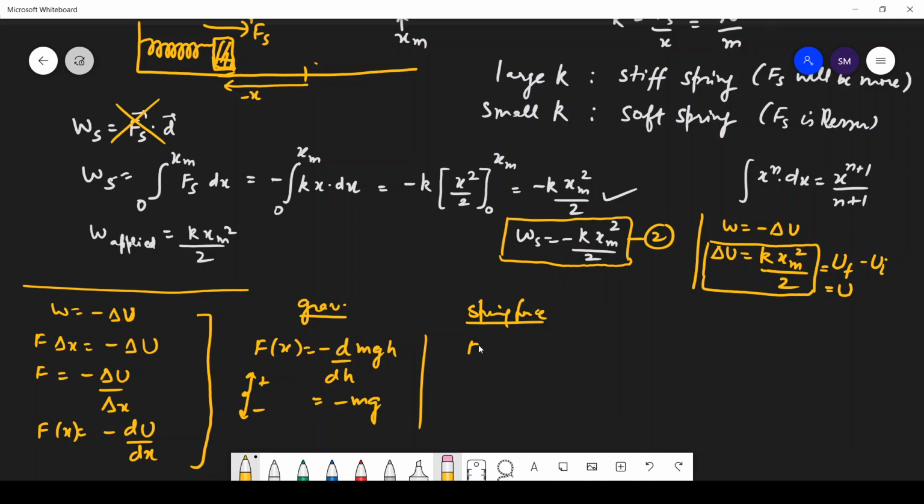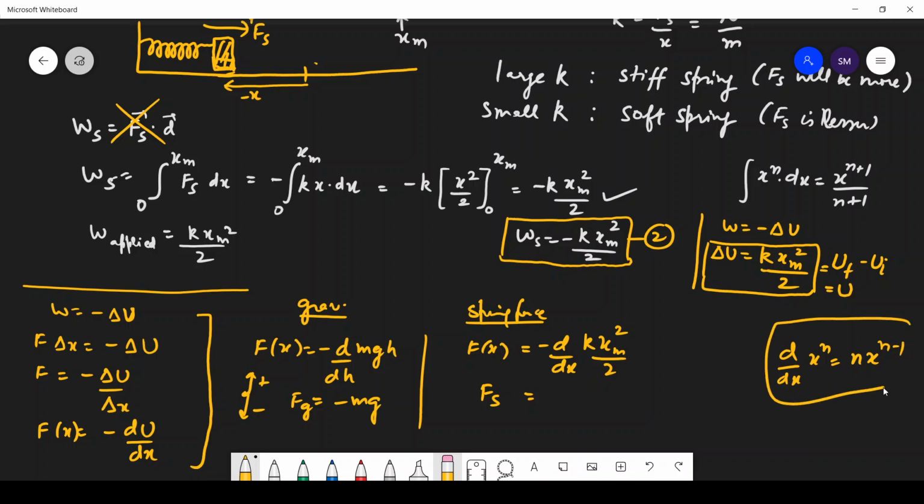Now what is the spring force? Same, put the value of U here. U is this, so that's minus d by dx of kx square by 2. What is the formula of differentiation? d by dx of x raised to power n is equal to n x raised to power n minus 1.